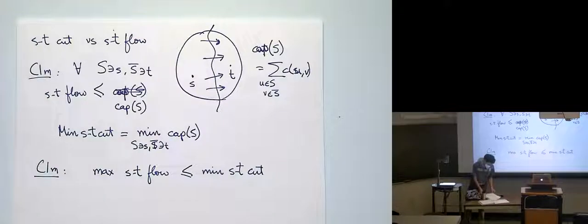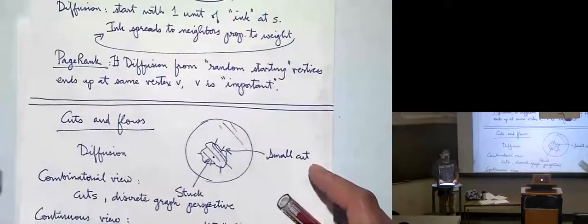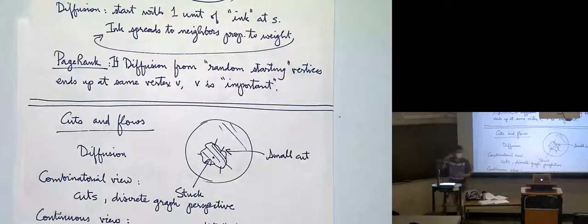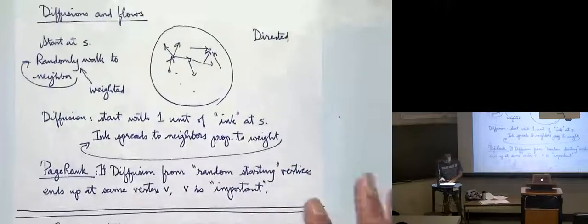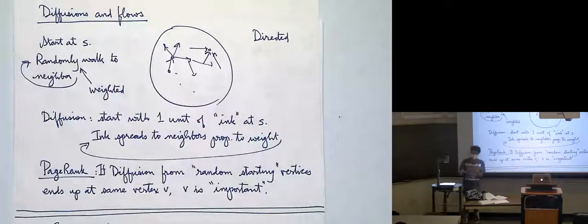And this is going back to our pictures with diffusion and cuts. It says that the cuts impose a constraint on how much flow can go through the system. And this connection comes up in many different ways. Of course, the kind of diffusion I talked about here, where one unit of ink is spreading, is different from having to send many trucks.